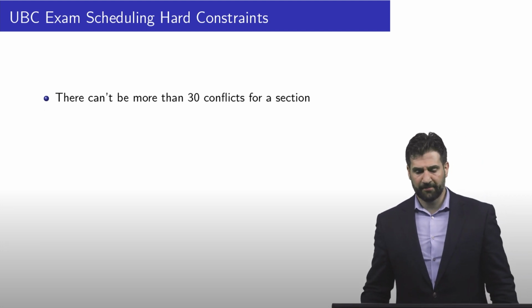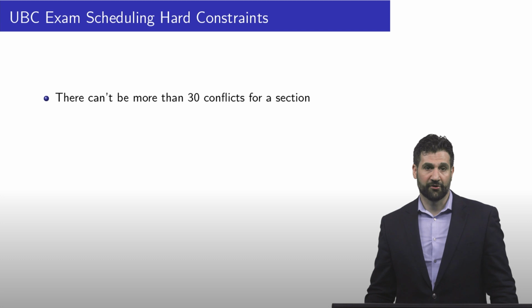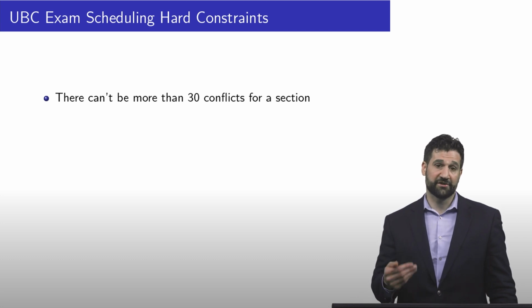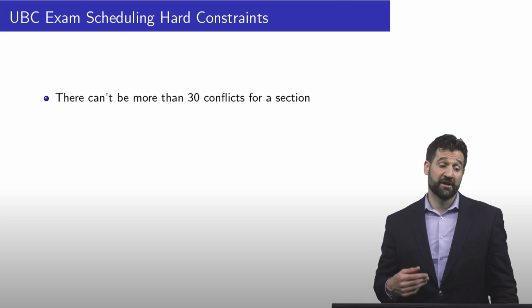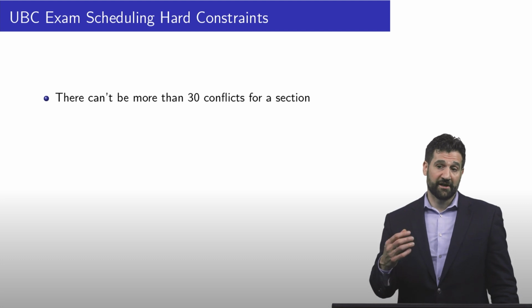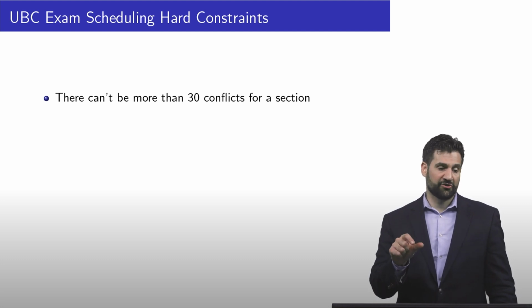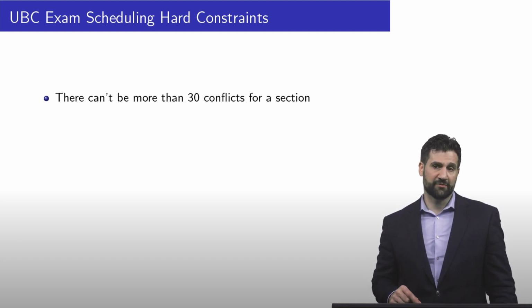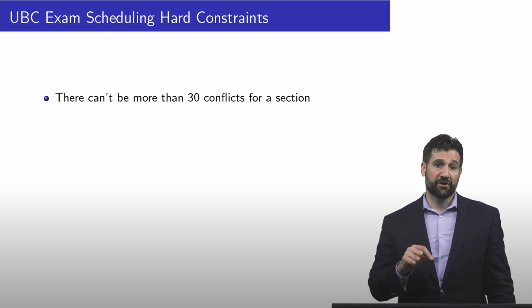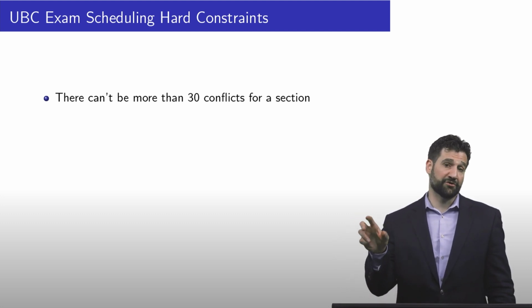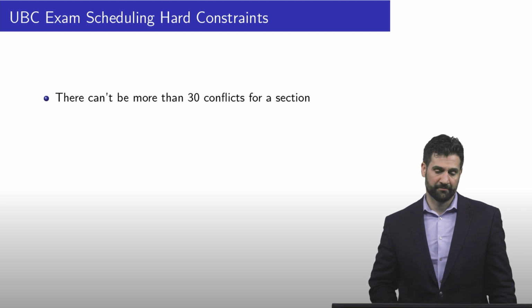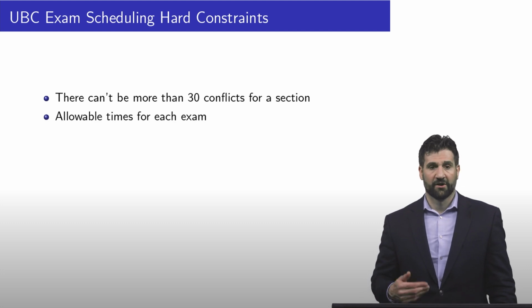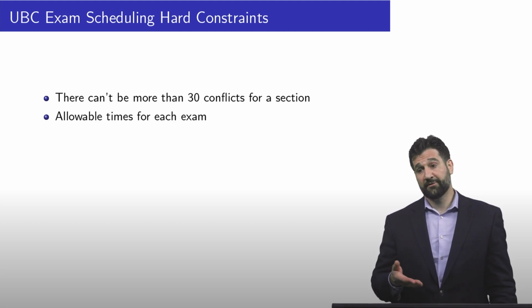So there can't be more than 30 conflicts for a section. So we could resemble this as a hard constraint. So maybe instead of not allowing any student to have two exams at the same time and location, for each section we want to limit that total to be no more than 30. We also want to consider allowable times for each exam.